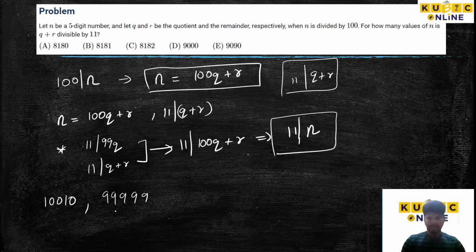99999. It is there. So this 9 plus this 9. So if I make this 0, yeah, so this will be my last number which is divisible by 11. Correct. So what is this thing? 11 nines are 99, 11 ones are 0. Then 11 nines are 99, zeros are 0.